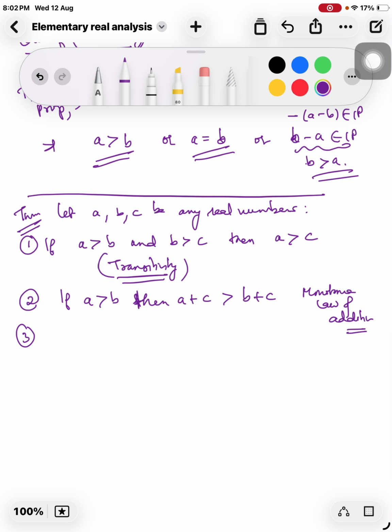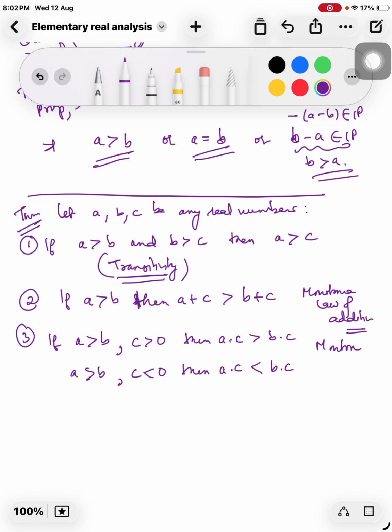Similarly, we have a law for multiplication which says if A is greater than B, but of course there is a condition here, if A is greater than B and C is greater than 0, then A into C will be greater than B into C. And if A is greater than B and C is less than 0, then A into C will be less than B into C. And this is called monotone law of multiplication.